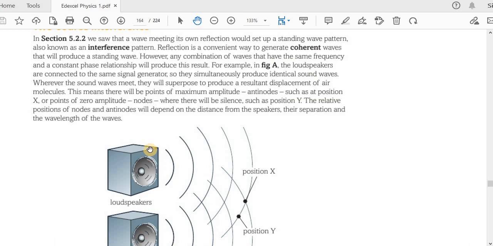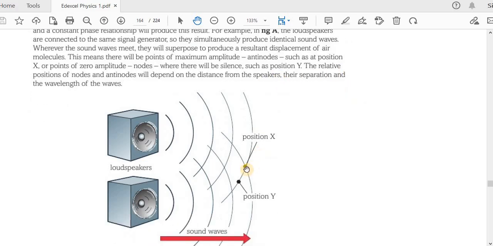So they are simultaneously producing identical sound waves. Wherever the sound waves meet, they will superpose to produce a resultant displacement of air molecules. This means there will be points of maximum amplitude, antinodes, such as at position X.